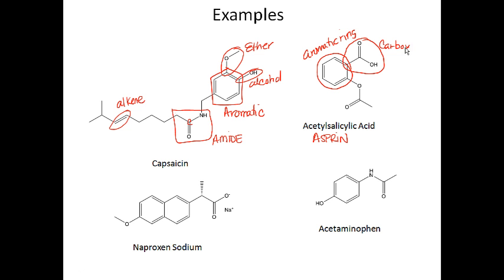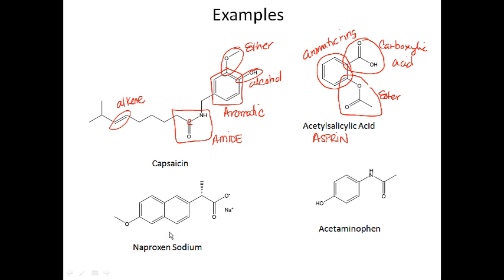That's the carboxylic acid. What's this functional group? Got a carbon on one side of the carbonyl and an OC group on the other side. That's the ester. So acetylsalicylic acid has 3 different functional groups. And this is a unique molecule because there isn't much alkane in it.